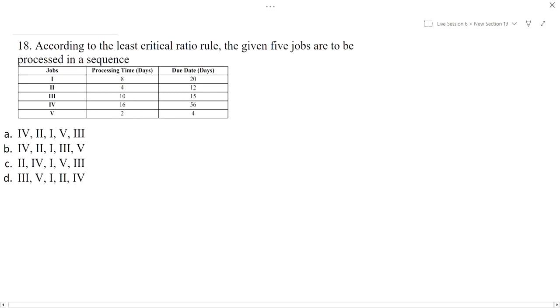According to the least critical ratio rule, the given 5 jobs are to be processed in a sequence.